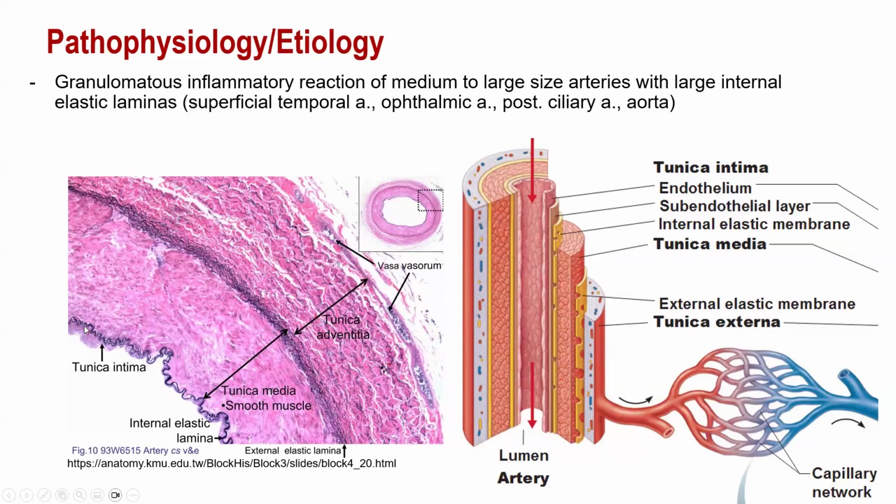In terms of the exact cause of giant cell arteritis, we don't fully know. Some people think it's an autoimmune reaction, especially against the internal elastic lamina. That's supported by the fact that these people tend to have elevated inflammatory markers. It tends to affect arteries almost exclusively that have a very prominent internal elastic lamina.